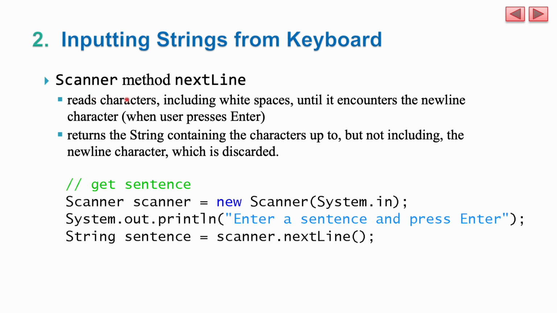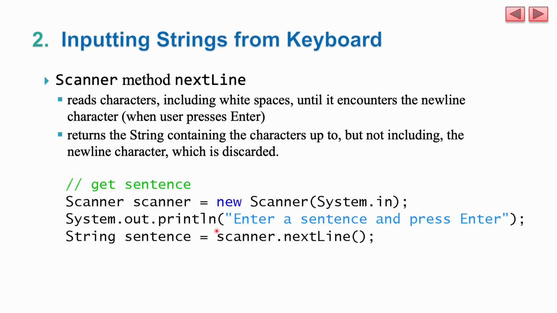This method reads characters, including white spaces, until it encounters the newline character, which is read when the user presses enter. Then the method returns the string containing the characters up to but not including the newline character, which is discarded.